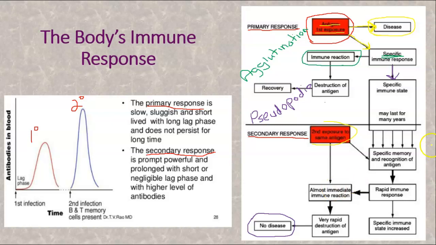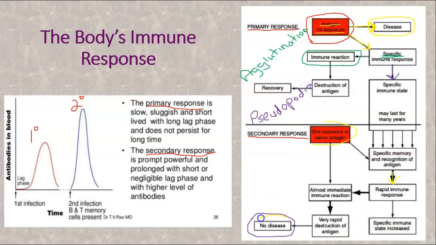The specific memory and recognition of the antigen, because of the memory cells from the primary response, provokes a rapid immune response. So almost immediately you get an immune reaction that is very rapid, and the destruction of the antigen occurs very quickly. So you have what you call a specific immune state, and then there is no disease.